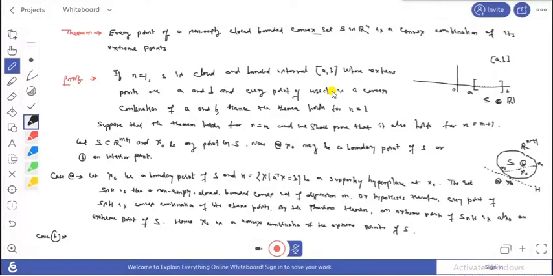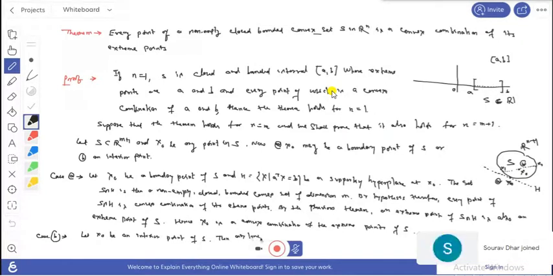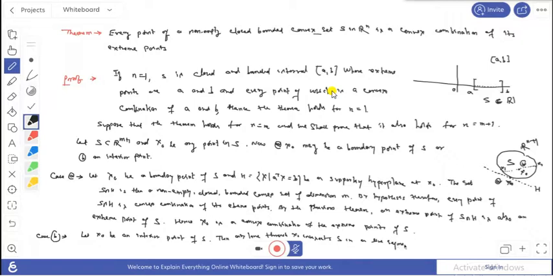So we assume that x naught is an interior point of S, so then any line through x naught intersects S in a line segment with boundary points x1 and x2.